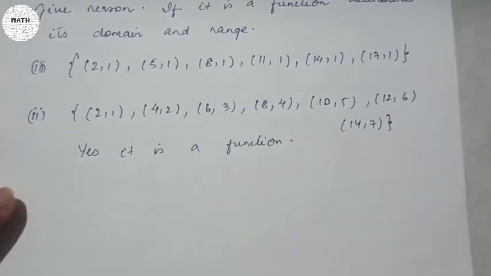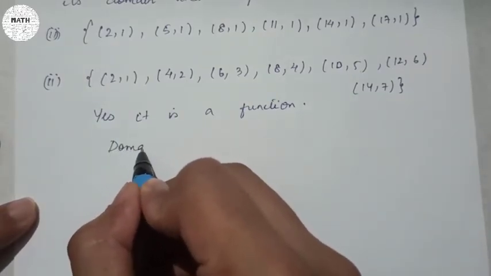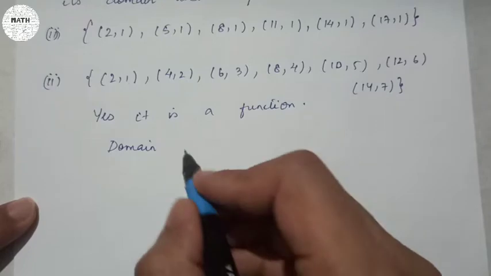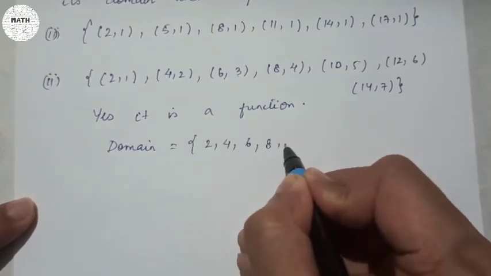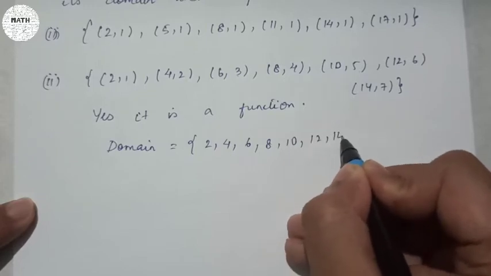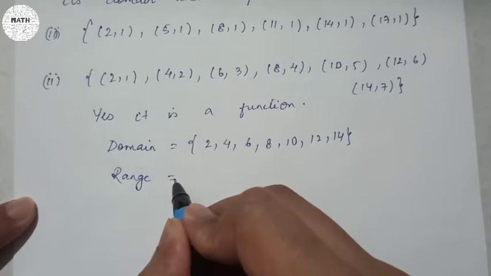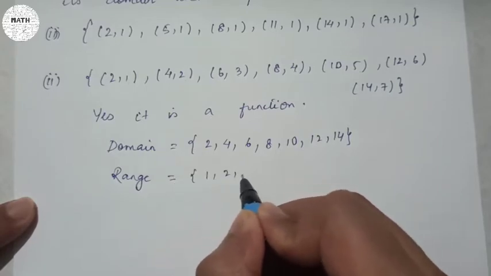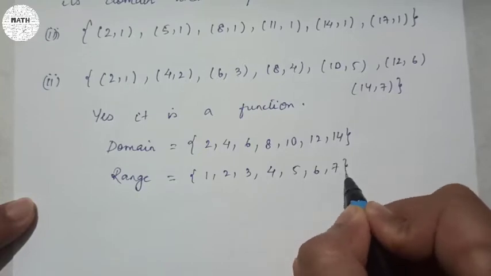So, if it's a function, then I have to determine its domain and range. So tell me what will be the domain. Your domain will be the first elements. So that's nothing more than 2, 4, 6, 8, 10, 12, 14. And similarly, your range means the second elements. That's nothing more than 1, 2, 3, 4, 5, 6, 7.